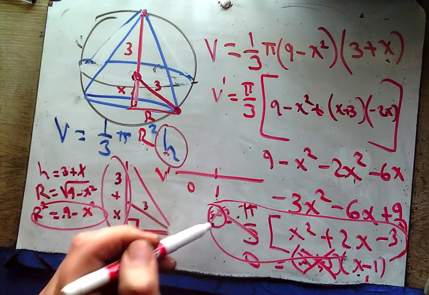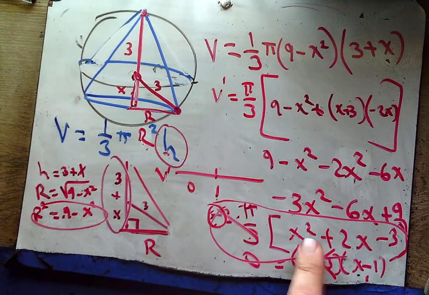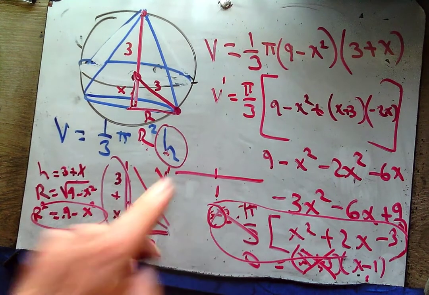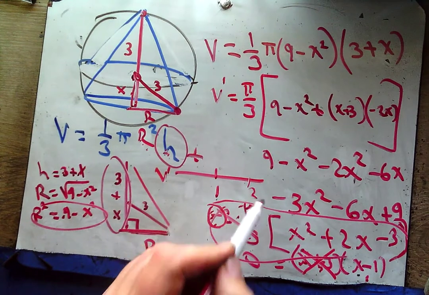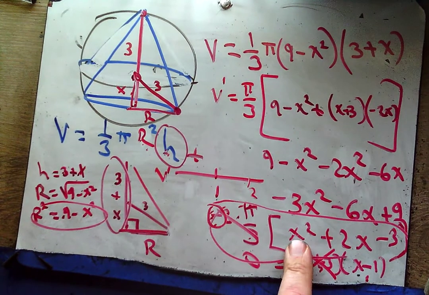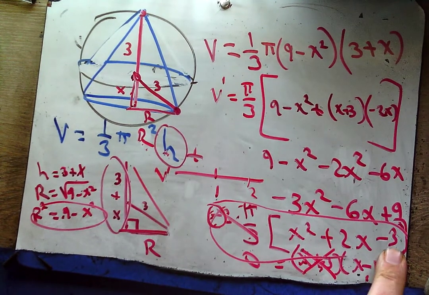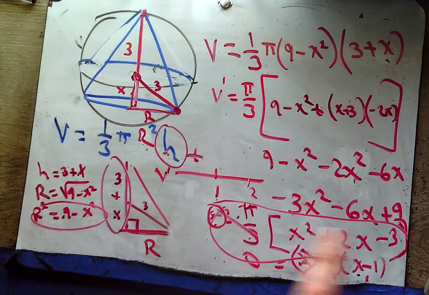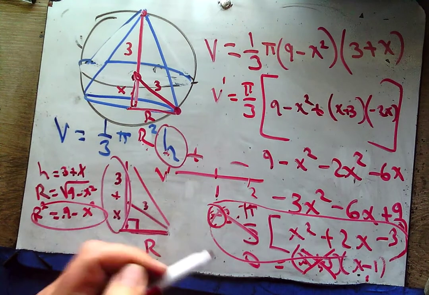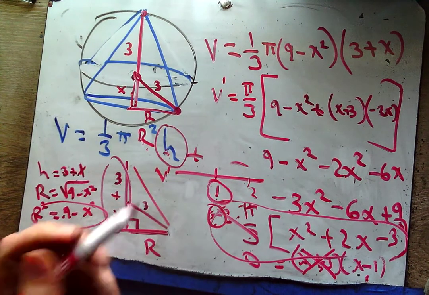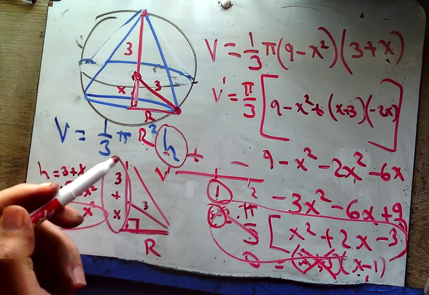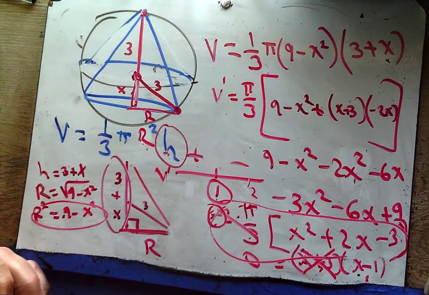No, that's a negative. Okay, I plug in 0, I have negative times negative, which is positive. And I plug in 2, and I'm going to have 4 plus 4 is 8 minus 3, that's positive, times a negative. Hey, look, I've got a max when x equals 1. Okay, there's a maximum volume when x equals 1.